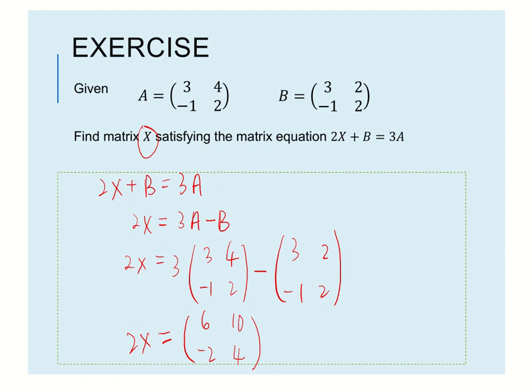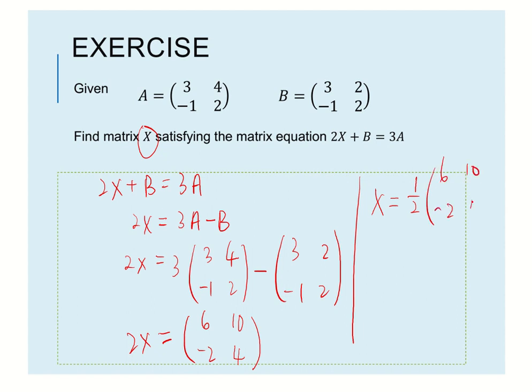Now, how do we get the matrix X? We need to bring the 2 to the right hand side. When we bring the 2 to the right hand side, it becomes 1 over 2 of this matrix.